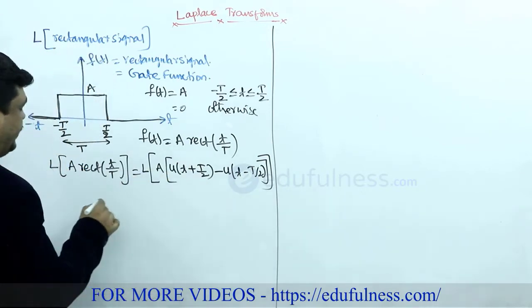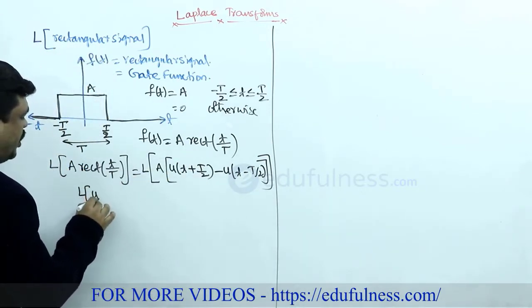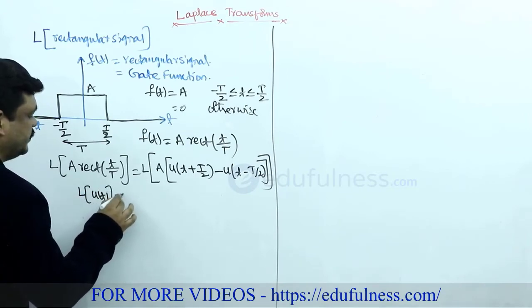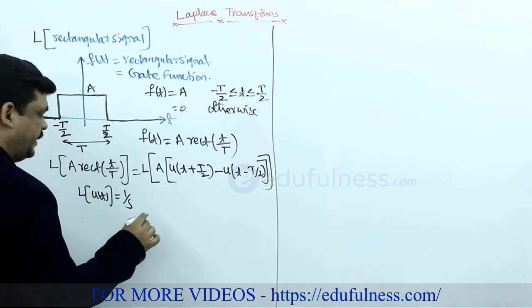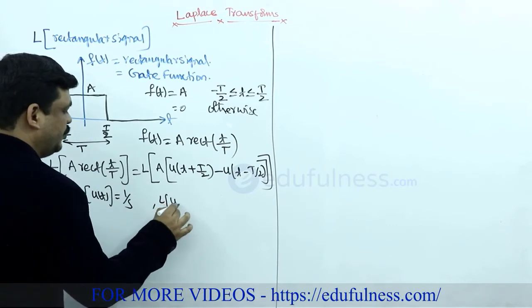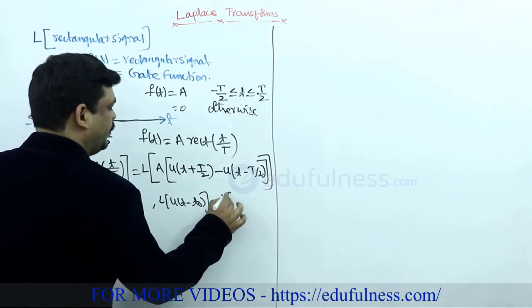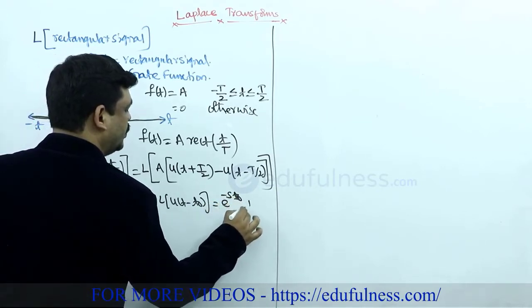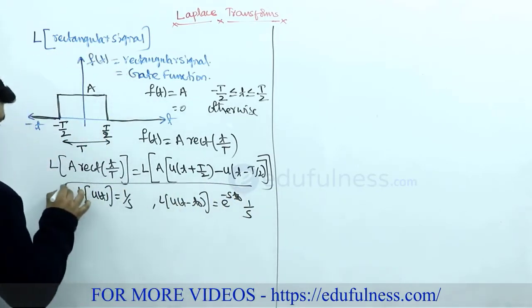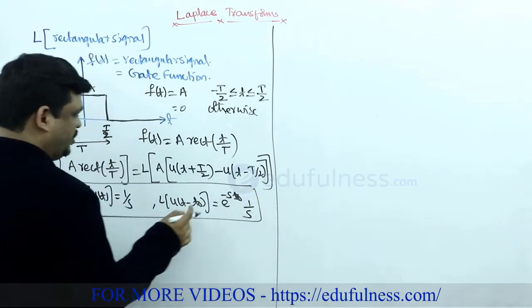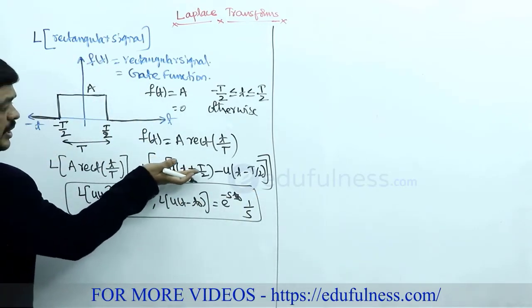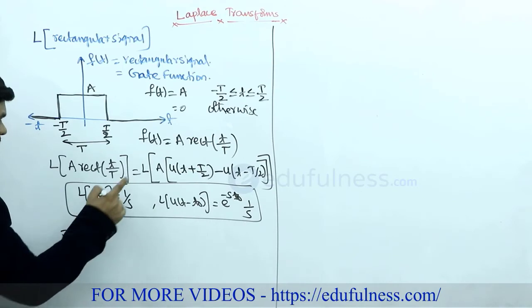Right? Now directly I am writing: the Laplace transform of u of t is 1 by s. And the Laplace transform of u of t minus t naught is e to the power of minus s t naught into 1 by s. From this equation, I want to apply it here.